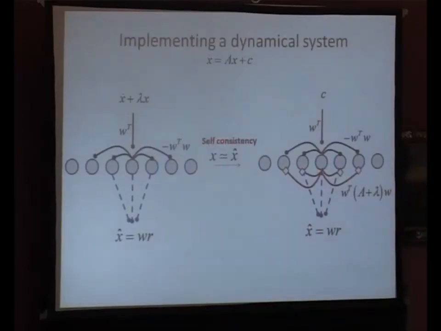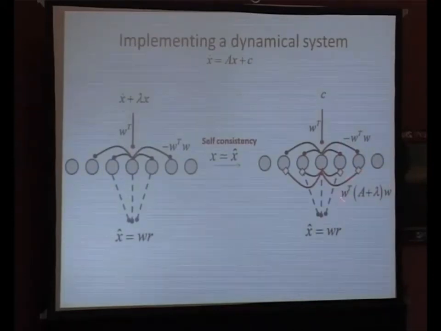But what you can do, however, is use a very simple self-consistency principle that x hat is very close to x. So you can actually fit back any linear function of x inside the network, right? So for example, you can implement a dynamical system such as this simply by setting up lateral connections within your network, which will typically have opposite signs to the connections that are implementing the predictive coding, this optimal efficient coding.